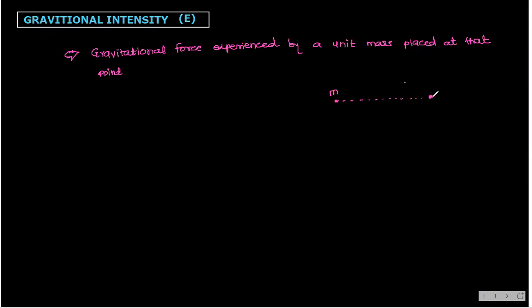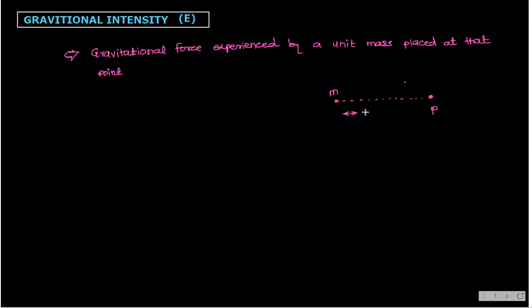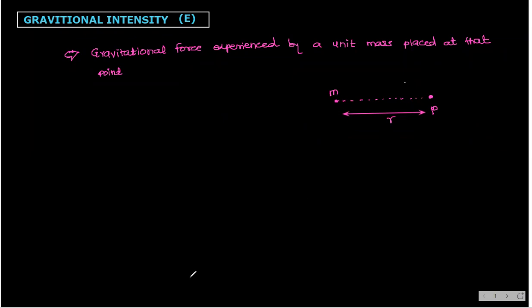Unit mass means its mass is 1 kg, and suppose it is at point P. Then at this point you have to find the gravitational field, and let us suppose this point is at a distance small r from mass m. Now whatever this field is, it is always towards the mass, and that is the E bar direction.